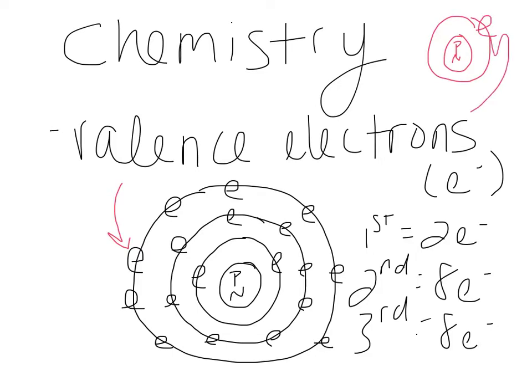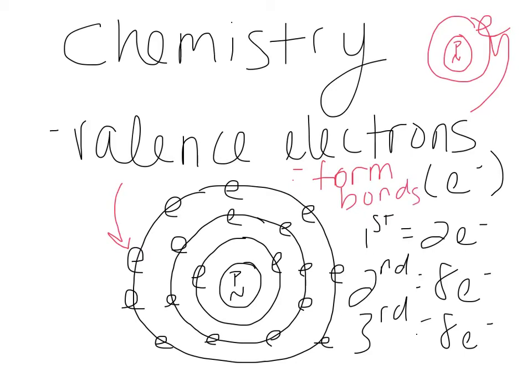So that's my valence electron for my hydrogen atom. So it's just whatever is my outermost ring. Those are my valence electrons. And those are the ones that can be shared, they can be exchanged between molecules. Those are the ones that form bonds. So these are the electrons that are able to form bonds between atoms.